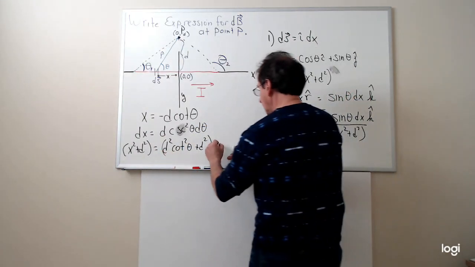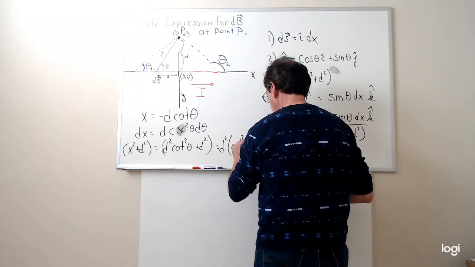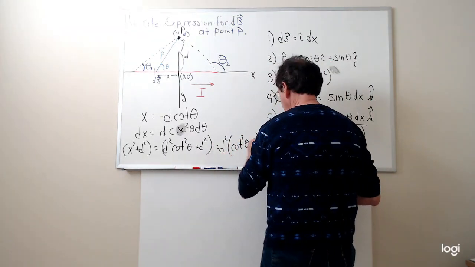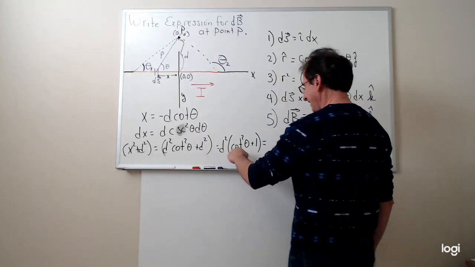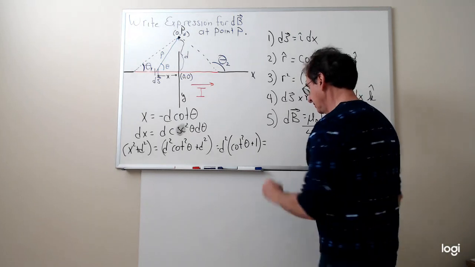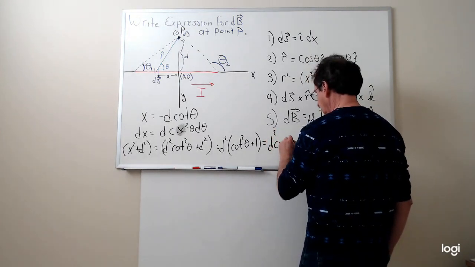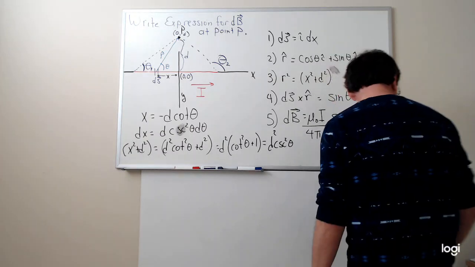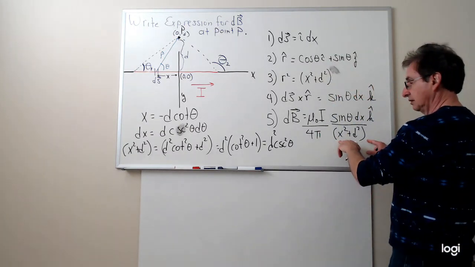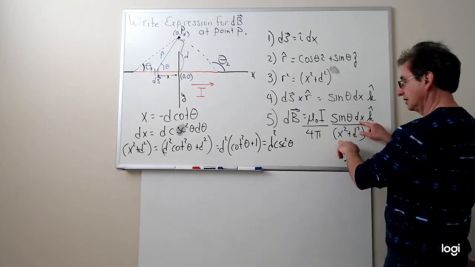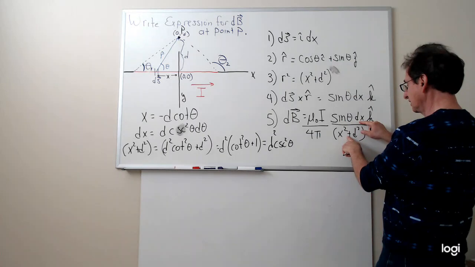I factor out d squared. Now you have to remember your trigonometric identities. This ends up being cosecant squared. This has a cosecant squared, so the cosecant squared will cancel.